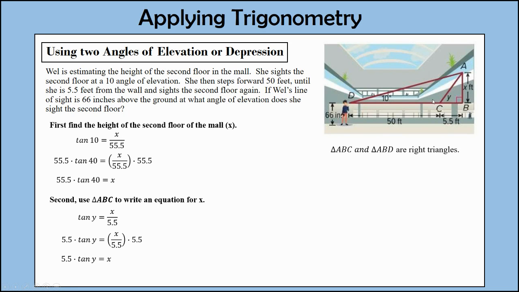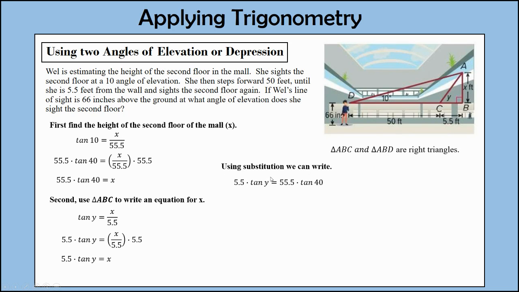So what we've done is we've taken the two different triangles and written an equation that will allow us to find the value of x, and we did it in terms of the tangent of y here. The reason we did that is because now we can use substitution. This x is the same number in both problems. So I can say that 5.5 times the tangent of y, which equals x, has got to be equal to 55.5 times the tangent of 40, which is equal to x.